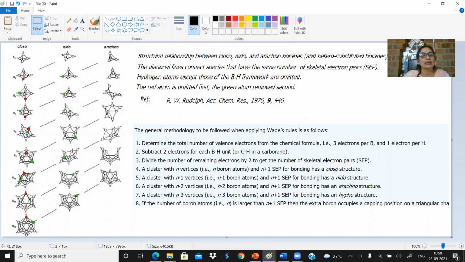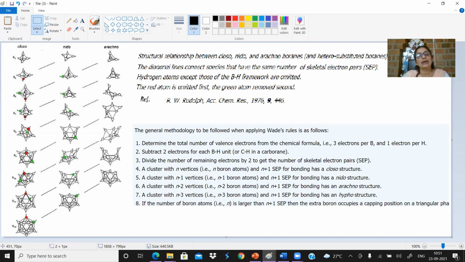In the introduction, I said that when one of the vertices is missing from a cluster, see what happens when one of the vertices, the red one, is removed here. When this boron atom is removed, the two bonds which were there are also missing. So if this was a closed structure, now you have the bottom part open. If it was a cage-like structure, now it is like a nest.